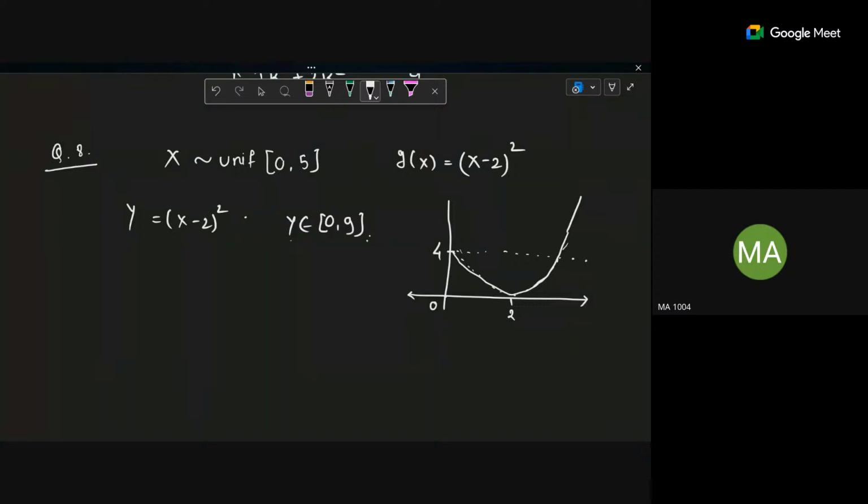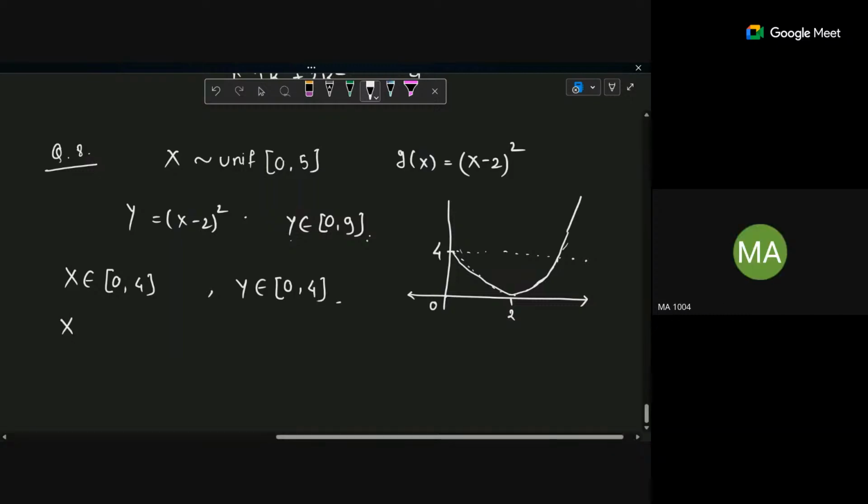Whenever your x belongs to 0 to 4, your y will take values between 0 to 4. And when your x lies between 4 to 5, your y will go from 4 to 9.